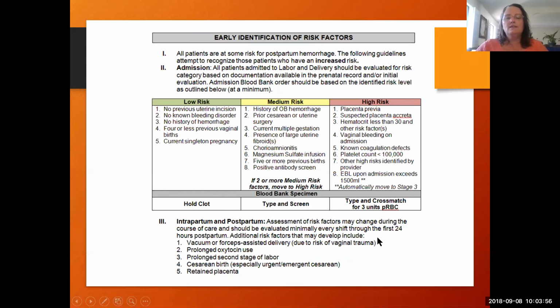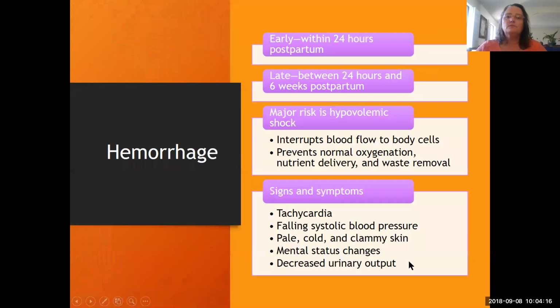By utilizing this assessment, we're able to identify women that are at higher risk for bleeding and be more prepared and save their lives. It's one of those evidence-based practice events that have been put into place that have made a big difference in maternity care.